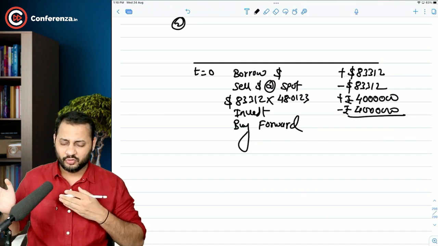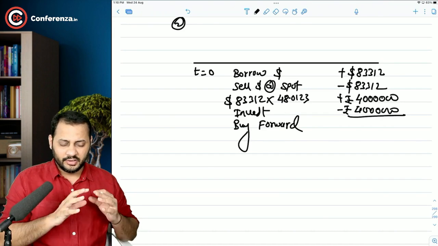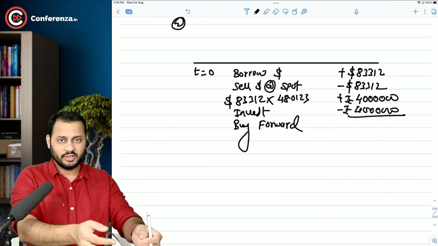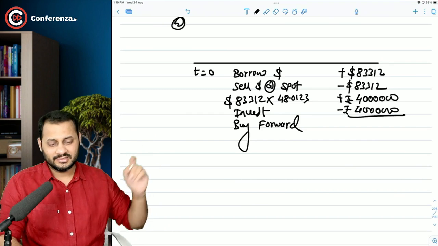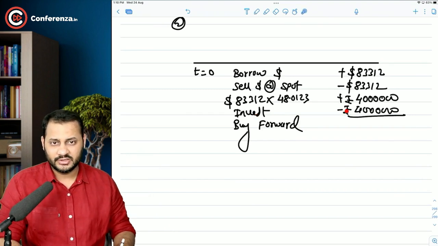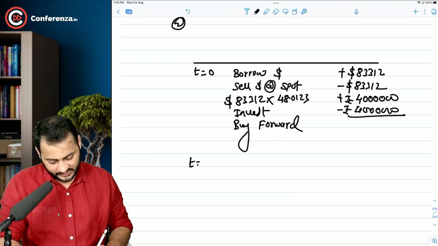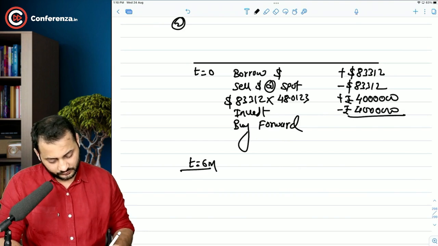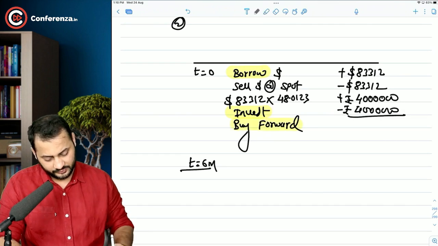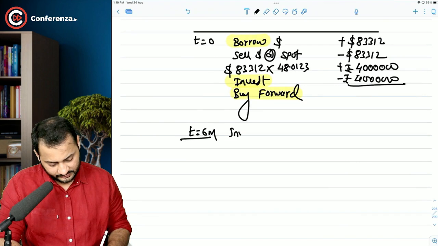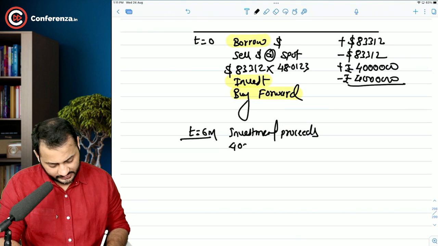Just imagine you have borrowed money from America, brought the dollars to India. You will sell those dollars, receive Indian currency, invest Indian currency, and since you know that after 6 months you will receive rupees, with that you would want to buy the dollars back, so buy forward. What will happen after 6 months? There are only two positions open, this one and this one, three positions. So investment proceeds, can I say 40 lakhs into 1.06?